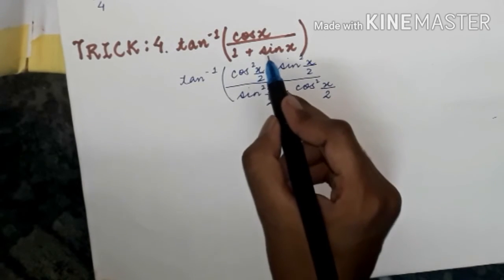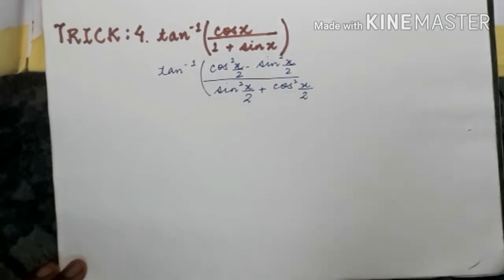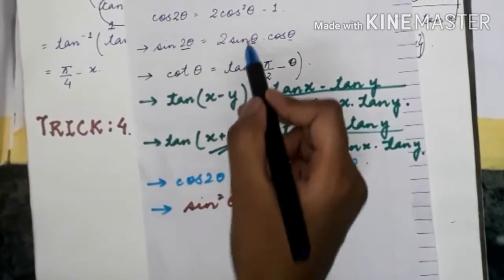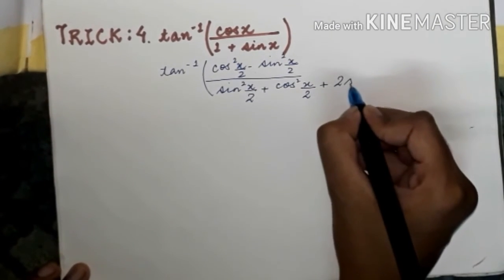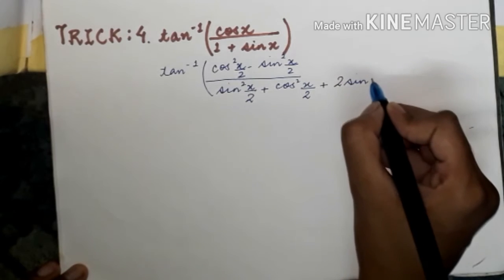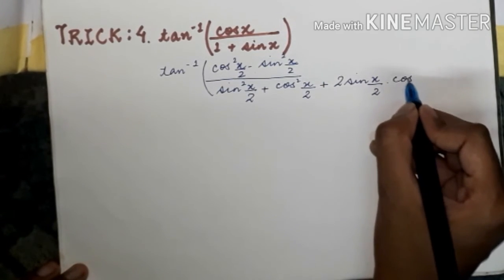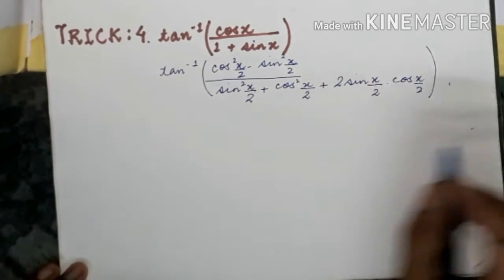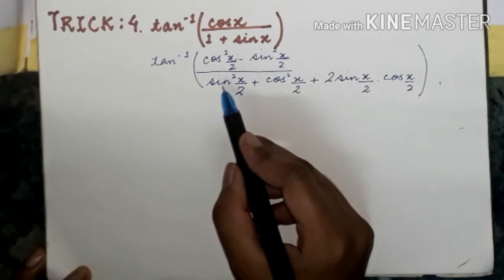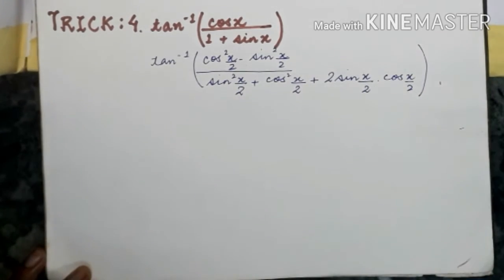Now plus sin x. In place of sin x, use the formula of sin 2 theta, which is 2 sin theta cos theta. Here it is x, so it is 2 sin x by 2 cos x by 2. So this is sin square x by 2 plus cos square x by 2 plus 2 sin x by 2 cos x by 2.